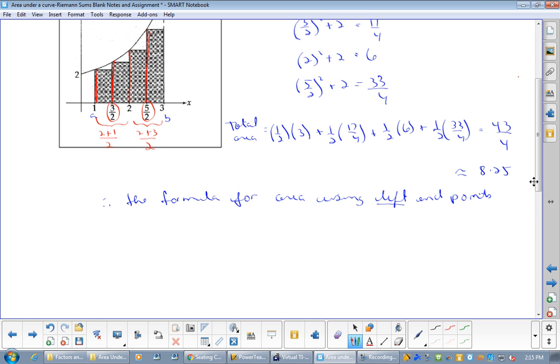Now, it's always width times our heights, right? So our width we found as b minus a over n is how we're going to find our width.